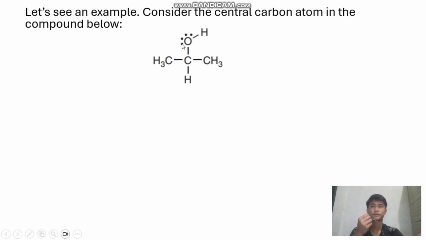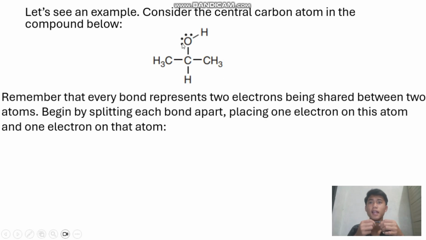Let's see an example. So we need to consider the central carbon atom in the compound below. So we have this compound. Remember that every bond represents 2 electrons being shared between 2 atoms. By splitting each bond apart, placing 1 electron on this atom and 1 electron on that atom.